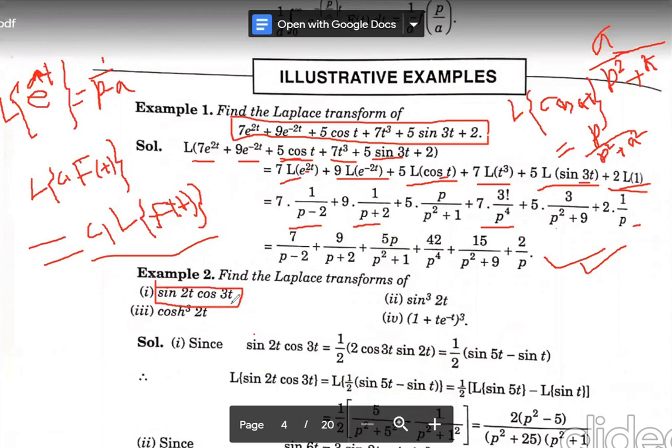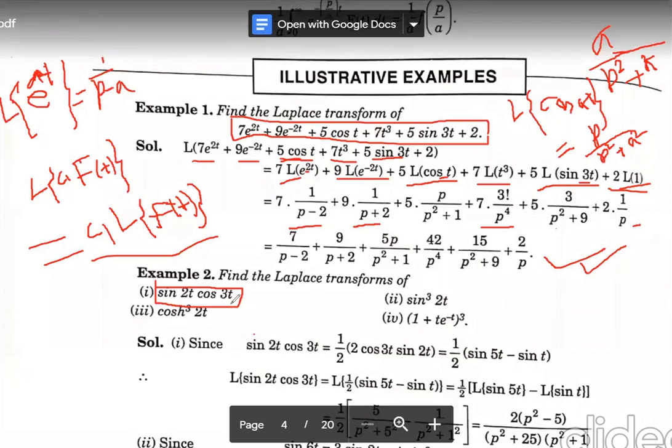So we do not have any Laplace transformation formula for sine and cos together. We have formulas for sine and cos separately, but we do not have a formula for sine and cos together.